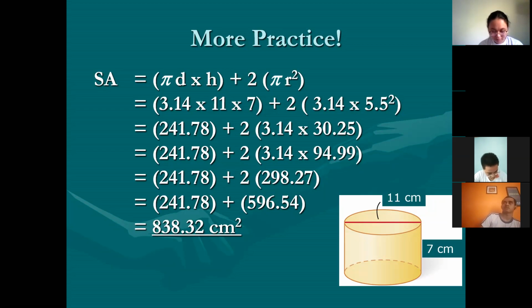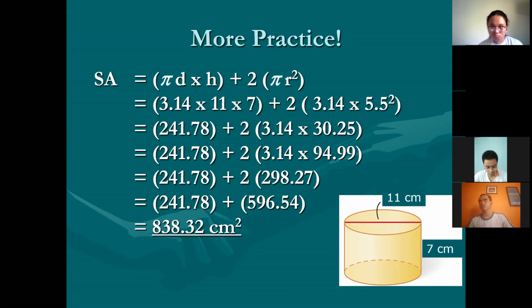Please double check. There is something wrong with my solution still here. 2 times 3.14 times 5.5 squared. I think this is 189.97, no? It's wrong again, class. So much for that.